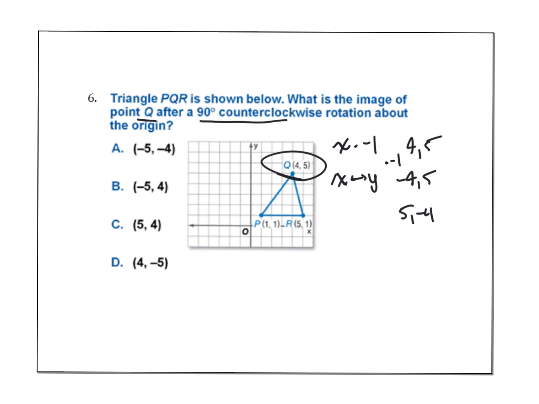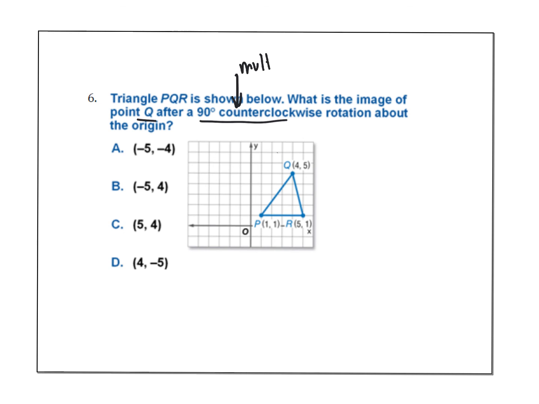So my new point should be -5, -4. Oops, I screwed that up. I apologize. I messed up the last one too. If it's 90 degrees, you multiply y times -1, not x. So fix the last problem, please.